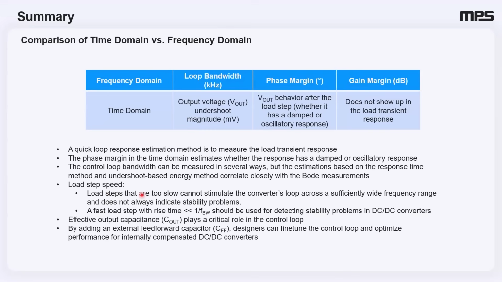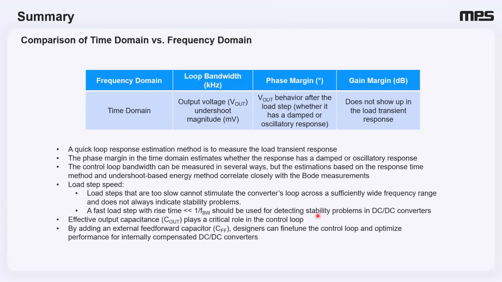Load steps that are too slow cannot stimulate the control loop across a sufficiently wide frequency range. A recommended rule of thumb for detecting stability problems in DC-DC converters is to use a load step with rise time much smaller than 1 over the bandwidth, or crossover frequency.